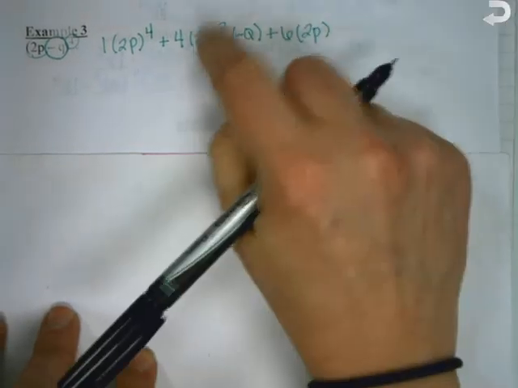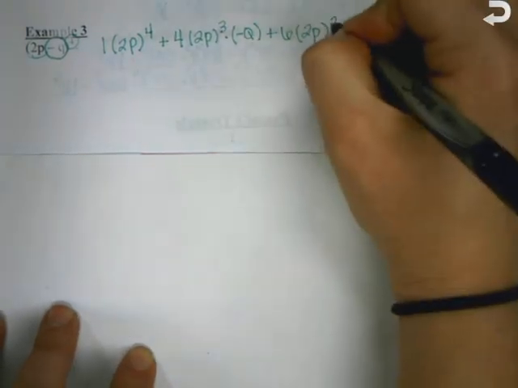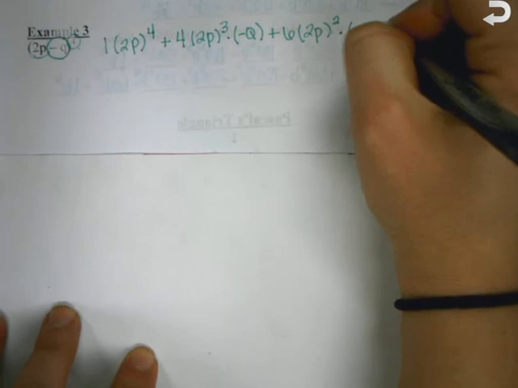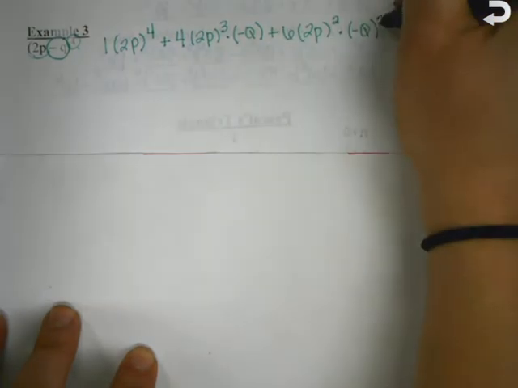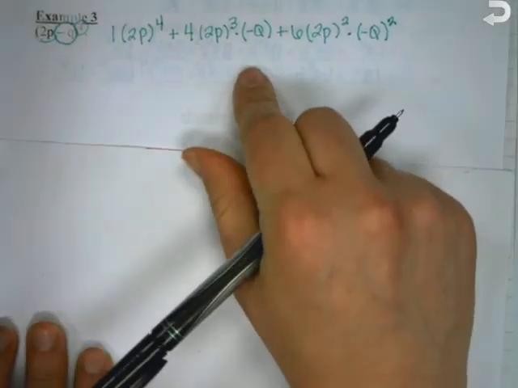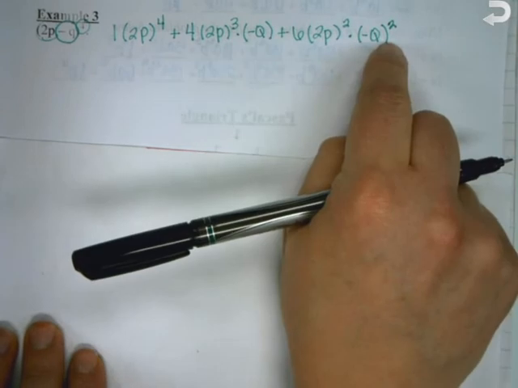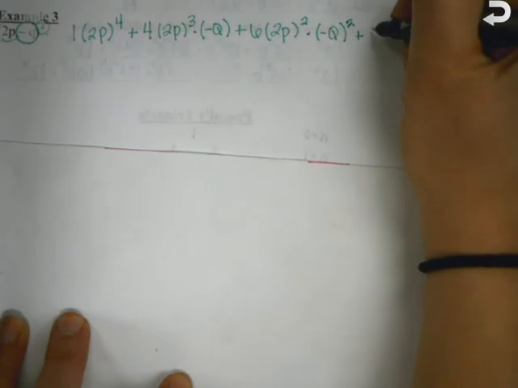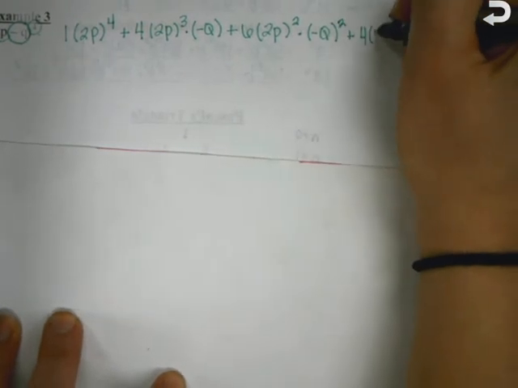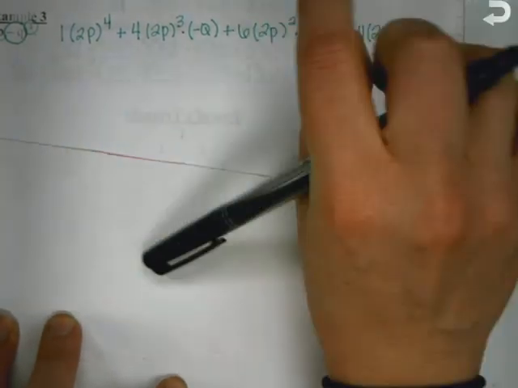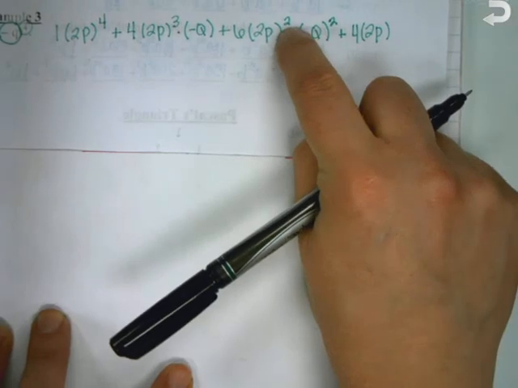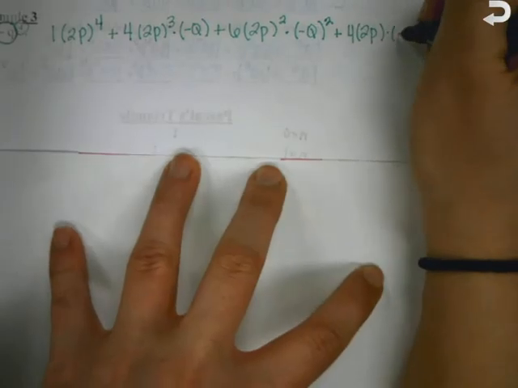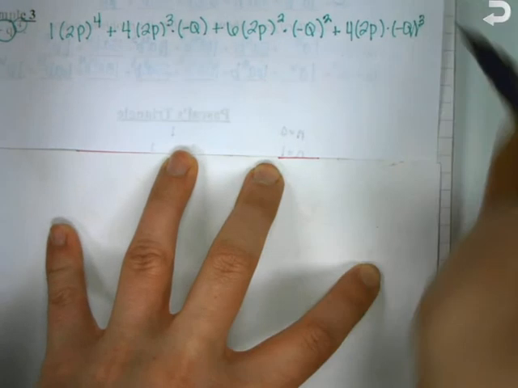Plus, the next coefficient is 4 times 2p to the 1st times negative q to the 3rd. Plus, last one, negative q to the 4th. Okay, you guys with me so far? Even if it's not a variable by itself, put it all in parentheses.